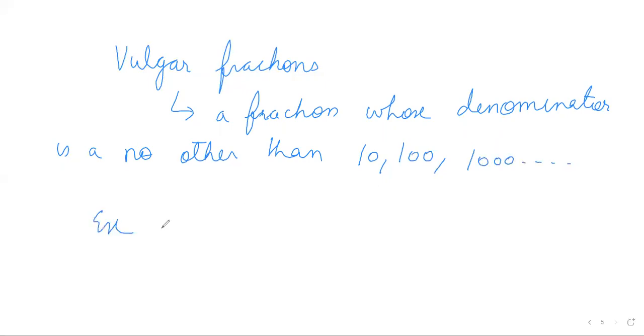If I give you an example, like 7 upon 11, here the denominator is not 10, or like 5 upon 214. You can see the denominator is not 10, 100 or 1000. So it is a vulgar fraction.